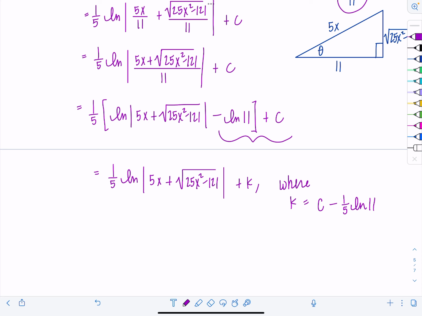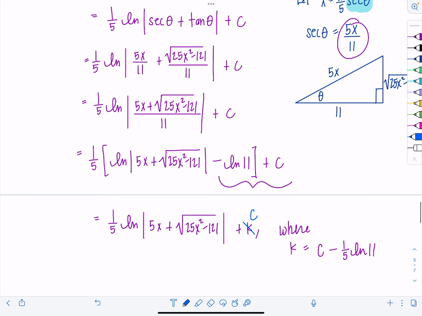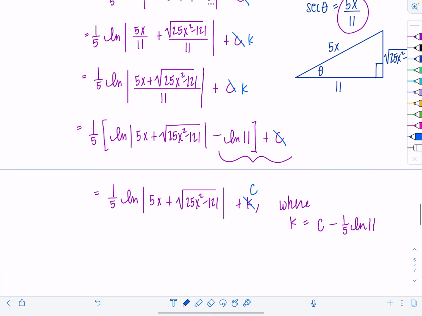Okay, that's totally fine if you don't like putting a k for the constant in your final answer, because the book will probably have a c. Then you can always go backwards once you realize you're going to do that and change all of these to k, and then say, now this is c, this was k.